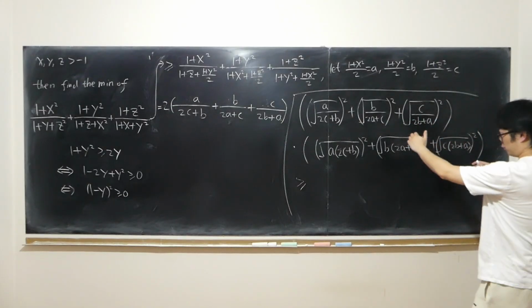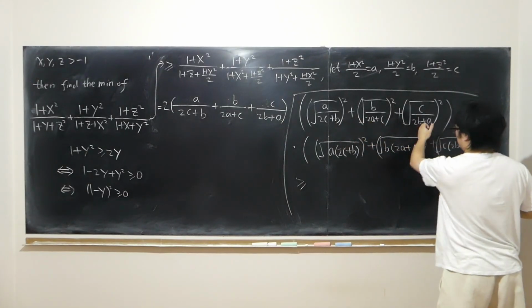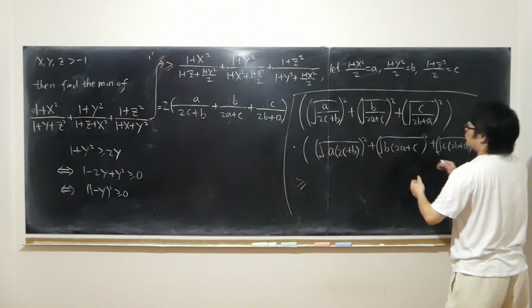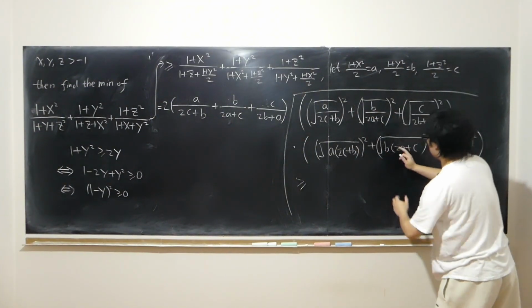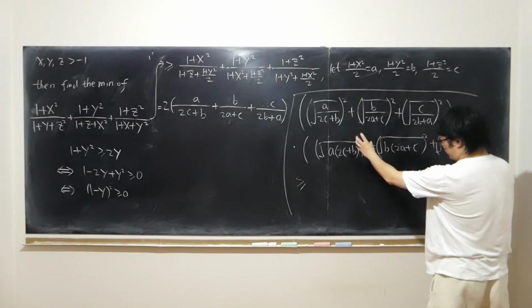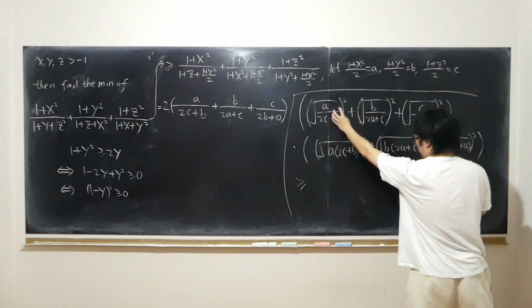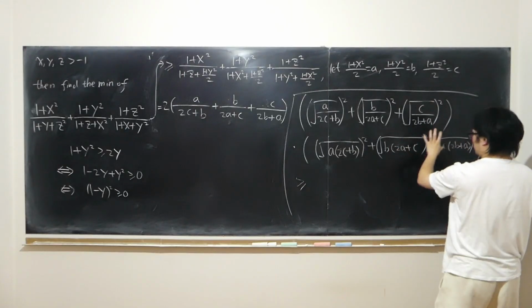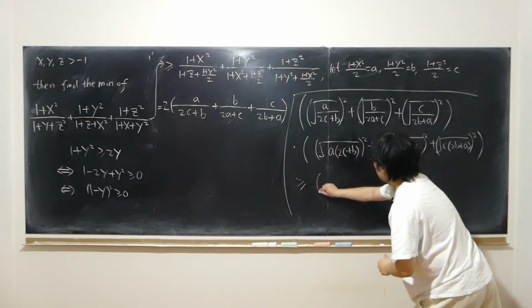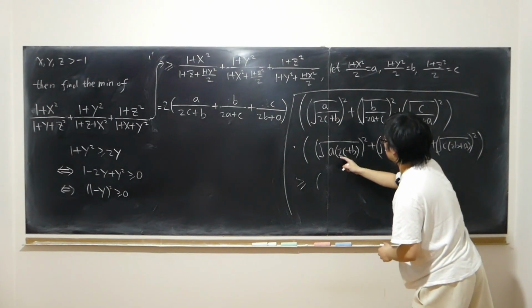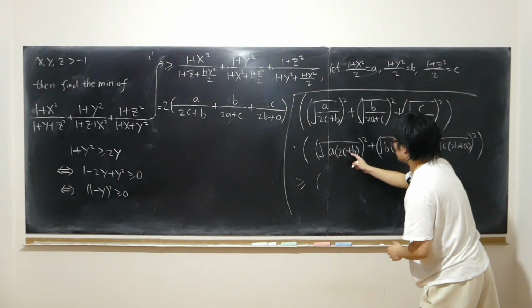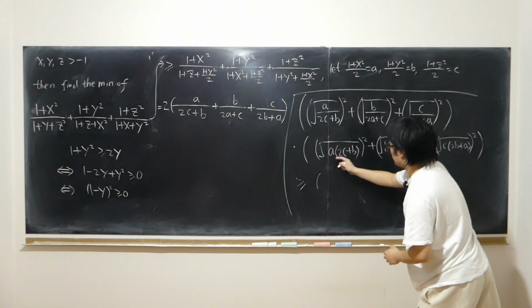First of all, you have 2 groups of numbers. You square each number, then sum them up, for each group. Then you multiply the corresponding numbers, then square. The product of this number and this number: 2c plus b cancels out, and square root of a times a is a.